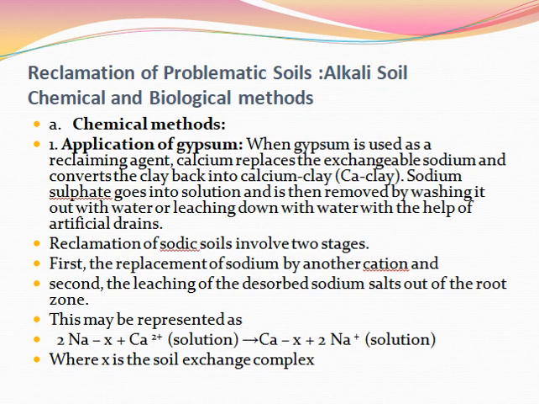We show this arrow as leachable, which leaches these sodium salts, that is sodium sulfate, below the root zone. So this is the chemical method for reclamation of alkali soil.